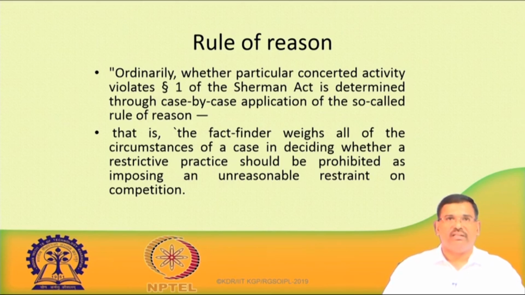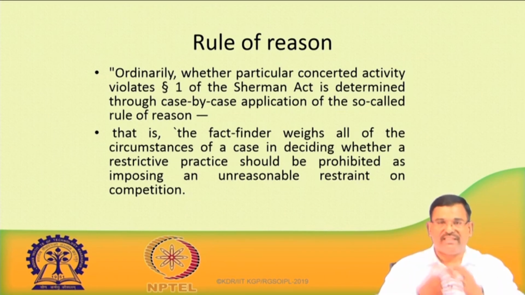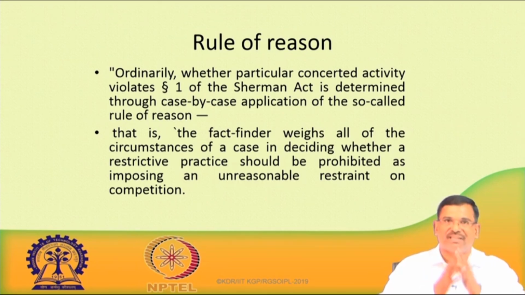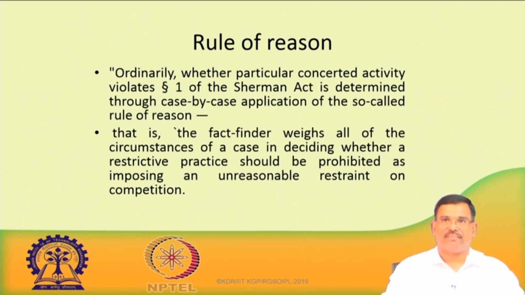Here ordinarily we can say that if the defendant can justify or prove the pro-competitive effects, then the rule of reason will be applied, because if the facts and circumstances clearly prove that these restrictions are necessary to continue with the business and are pro-competitive in nature.